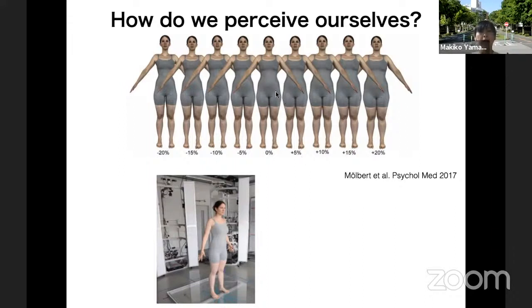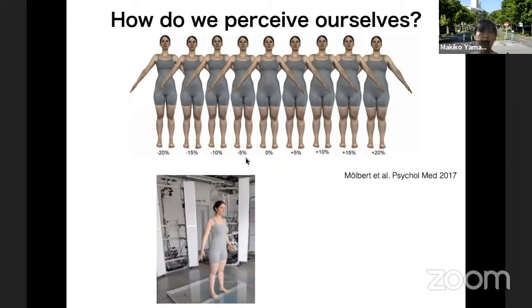And then they made the avatar get fatter. If it goes to the right, it's getting fatter and fatter. If it goes to the left side, the avatar gets slimmer.